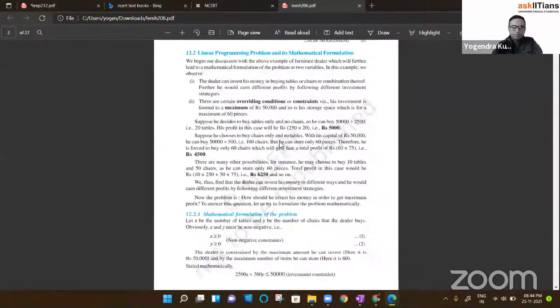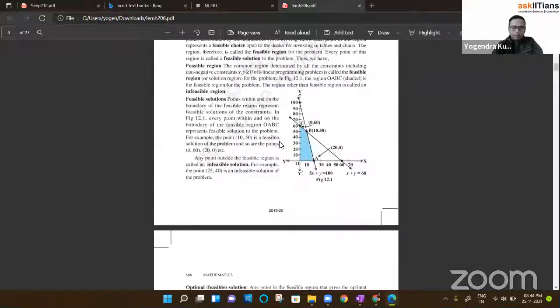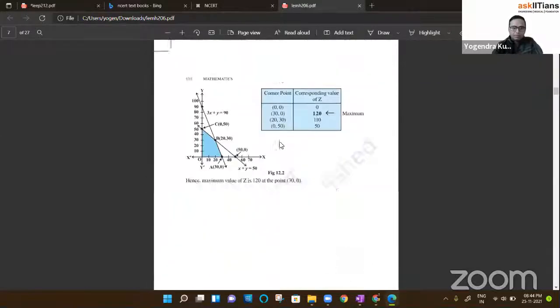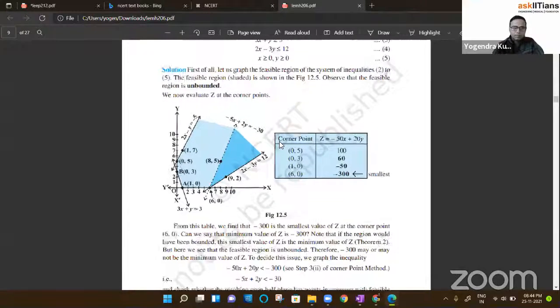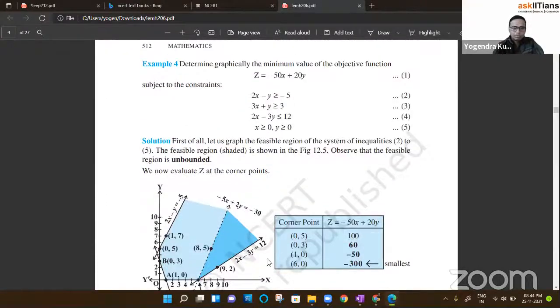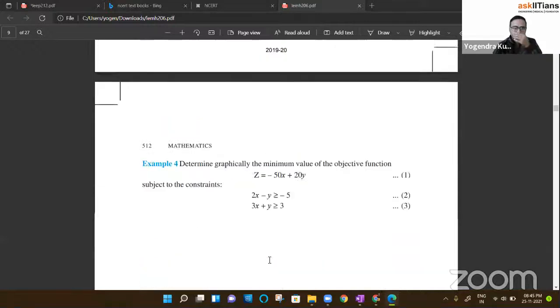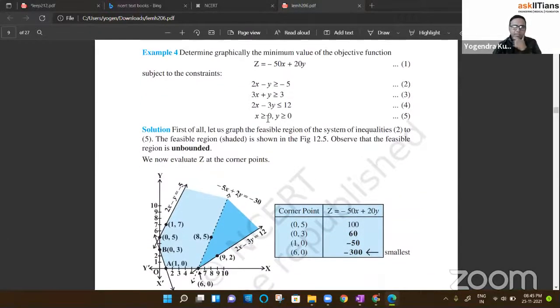Okay, fine. See here. This unbounded graph is there, guys. This one down here. This is the example I wanted to show. Determine graphically the minimum value of the objective function. When we graph it, we get an unbounded graph.